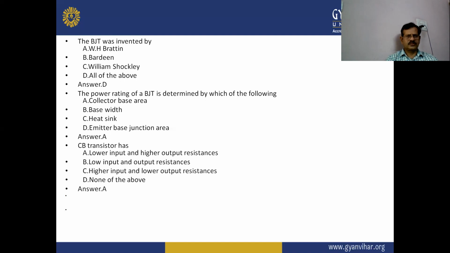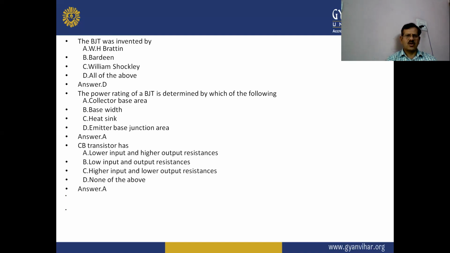Now, next, CB transistor has. CB means common base transistor, in which the base is common between the input side and output side. So this is the common base transistor configuration.